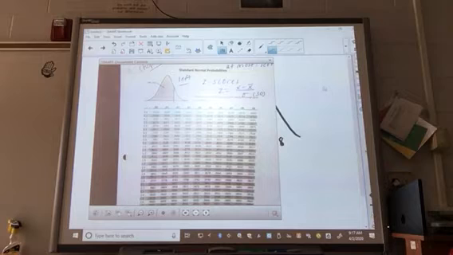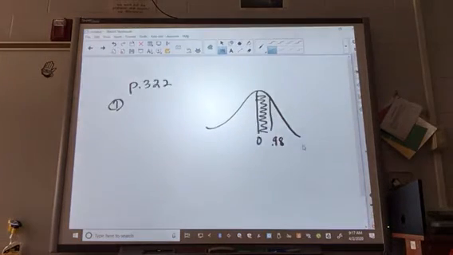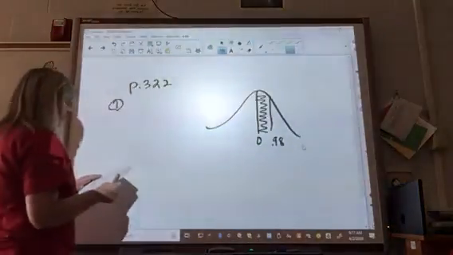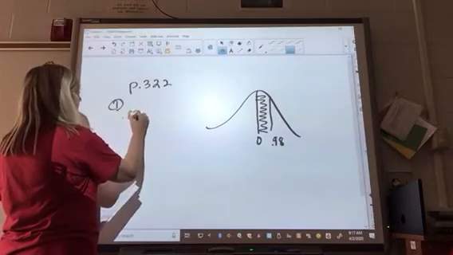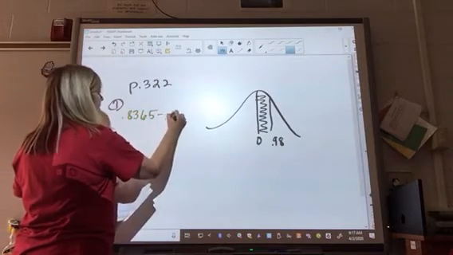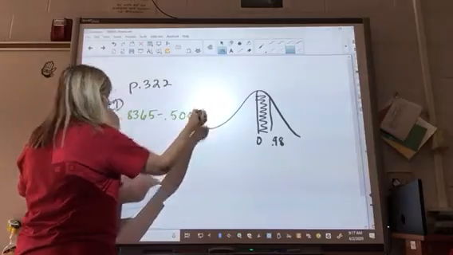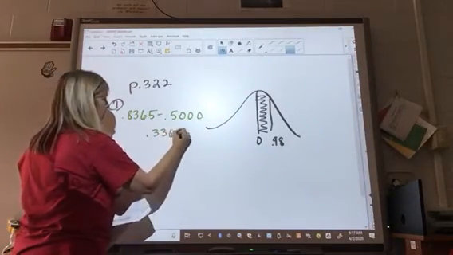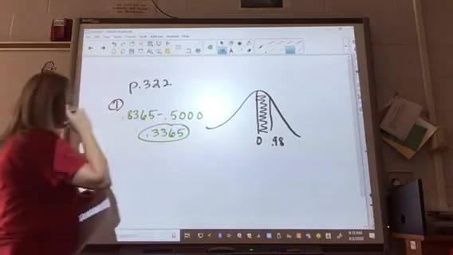What I'm going to do with those two values to find the area in between those is subtract. So I would do 0.8365 minus 0.5000 gives me an answer of 0.3365.